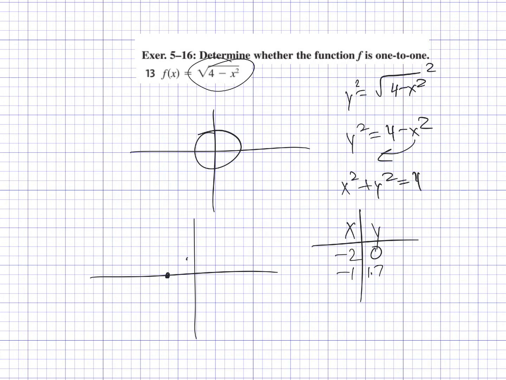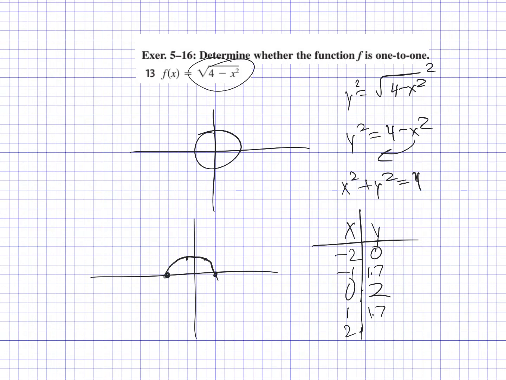All right. About right there. And at 0, 4 minus 0, square root of 4 is 2. And if we go to positive 1, that's going to be the same thing as 1.7. All right, so we're up there again, and then positive 2, we're down here. So this is going like this.